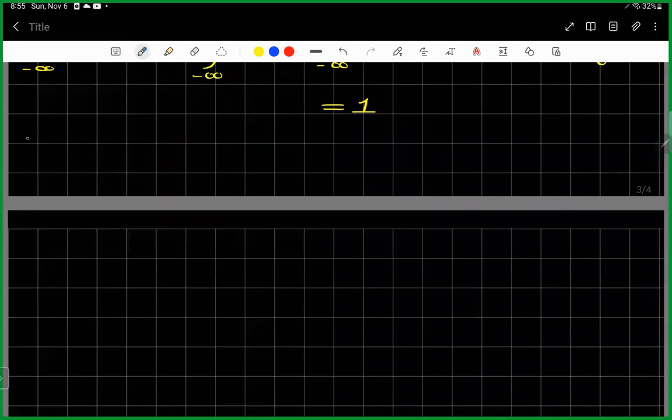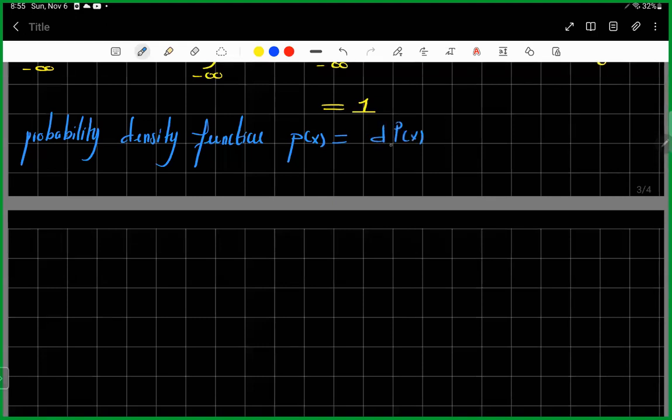The probability density function P of x is equal to the derivative of the cumulative probability function with respect to x, and this is the probability.